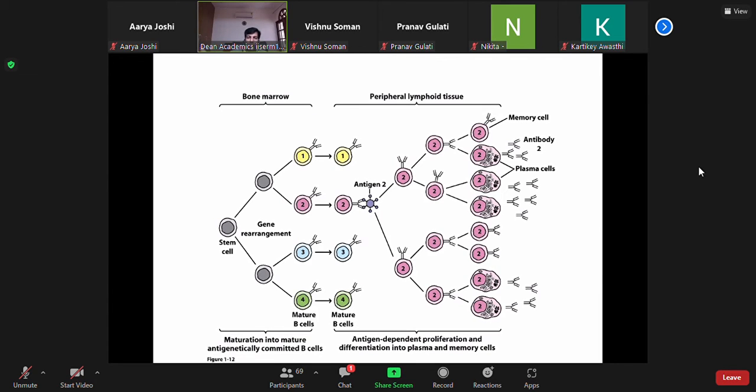Starting from this one cell, you can make millions to billions of these antigen-specific cells following this antigen exposure. Once these cells are activated, they are going to produce antibodies. Some will, as I said, become memory cells.